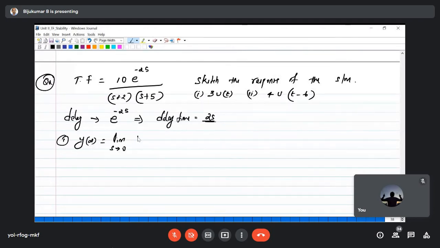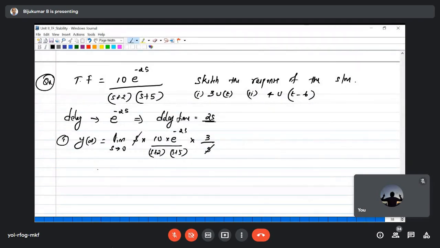That will be limit s tends to 0, s into y of s. Y of s is nothing but 10 e power minus 2s divided by (s plus 2)(s plus 5) multiplied by Laplace transform of input, right? With 3 u of t, it becomes 3 by s, and this and this got cancelled.